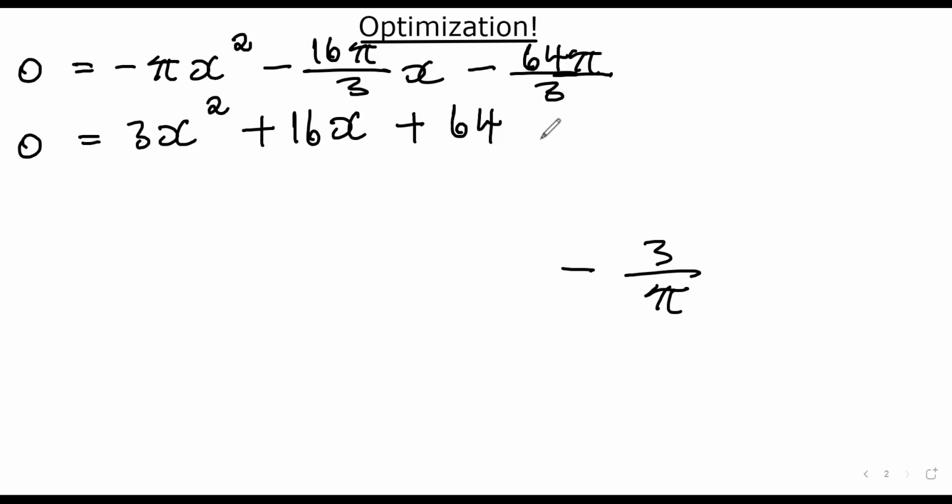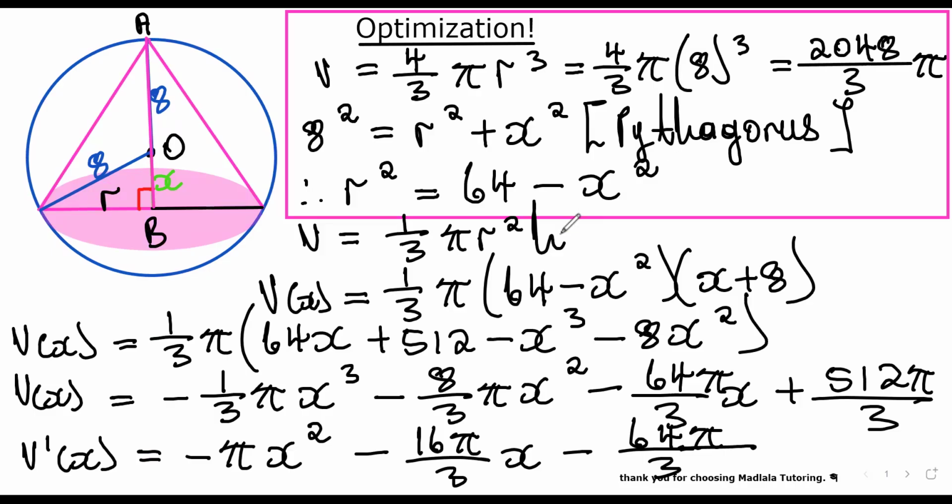Okay. I hope it doesn't backfire. It really did backfire. Okay, it means I made a mistake with a sign somewhere. Where is that? Well, the first two terms are supposed to be positive, which means 512 over 3.